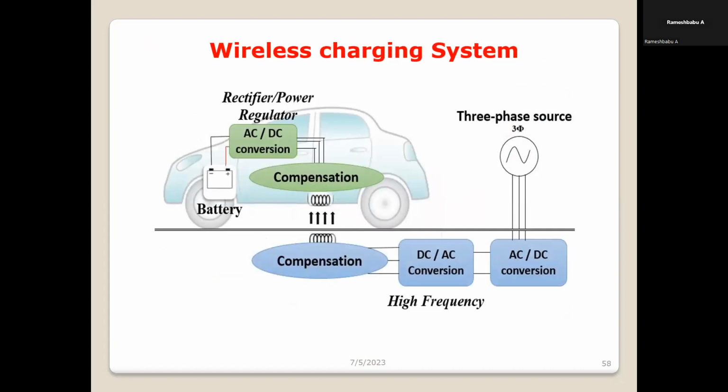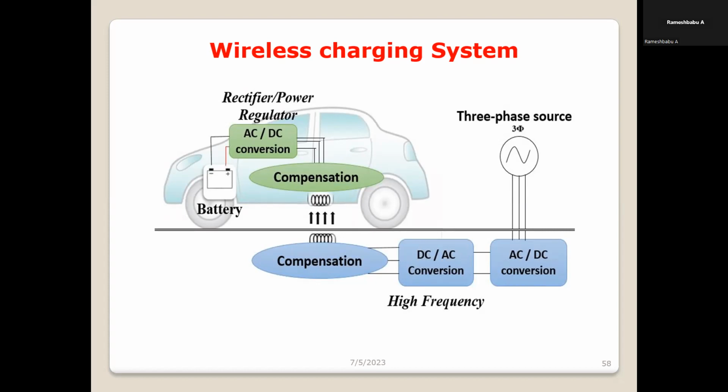The vehicle gets charged when it remains static. Here we could simply park the electric vehicle at a parking spot or in a garage which is incorporated with the wireless charger. While the vehicle is in a static place, it will charge.